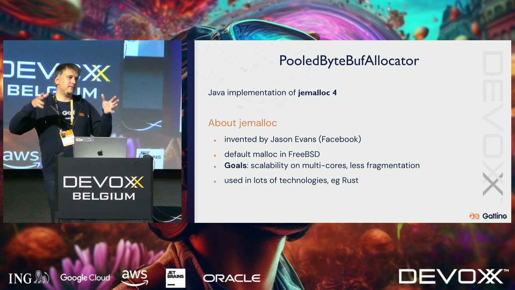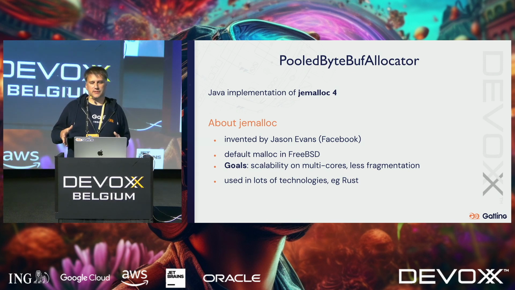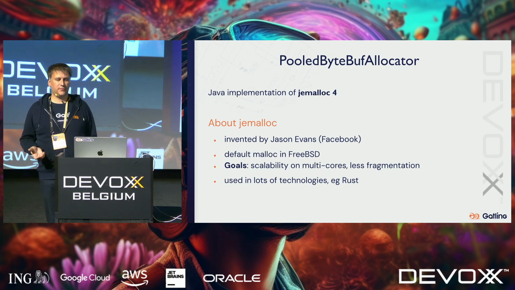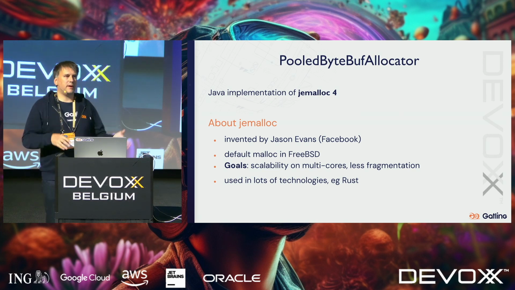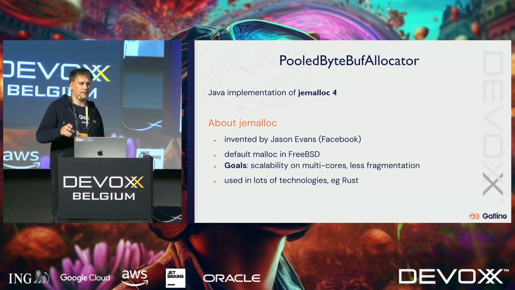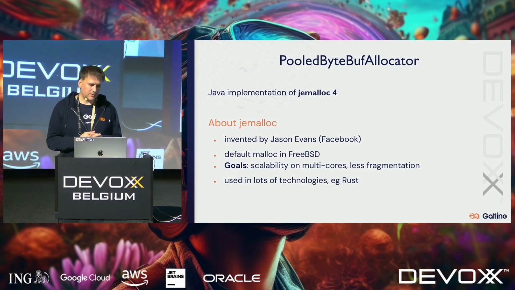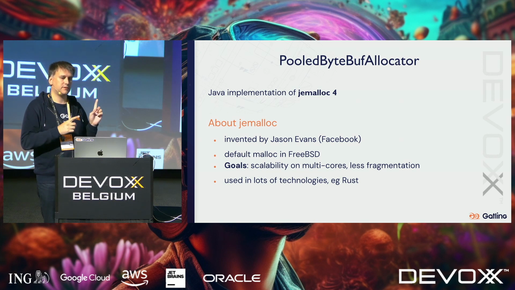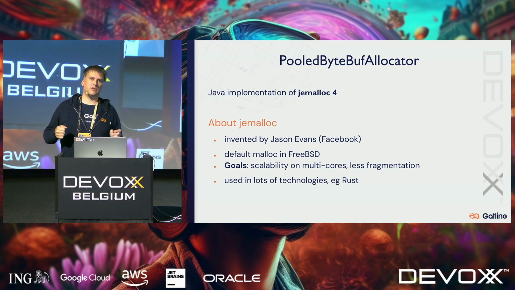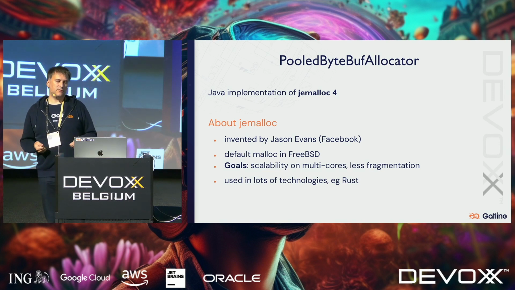So now, how is this memory pool implemented? Netty has this PooledByteBufAllocator, and it's heavily inspired from jemalloc. And now it has some features from jemalloc 4. So jemalloc is an allocator invented by Jason Evans, hence the name, jemalloc. And it was originally implemented for FreeBSD. And for a very long time, it's been the default malloc allocator in FreeBSD.